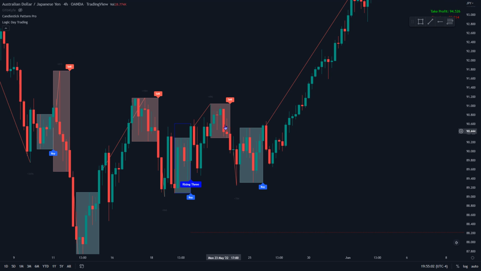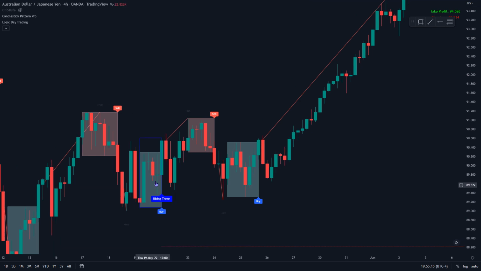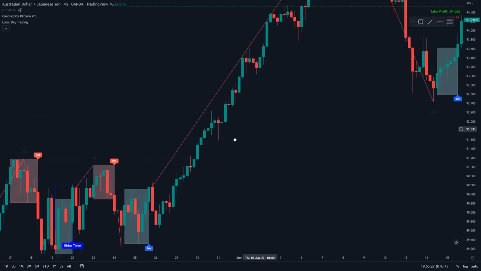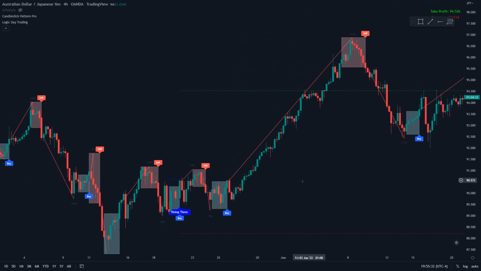We're ignoring these sell signals because we're looking for price to go higher, especially now that we have the double confirmation of the rising 3 candlestick pattern forming in the same spot that the logic day trading is formed. We can see price has retraced down into this demand and then soon just skyrockets for quite a while.